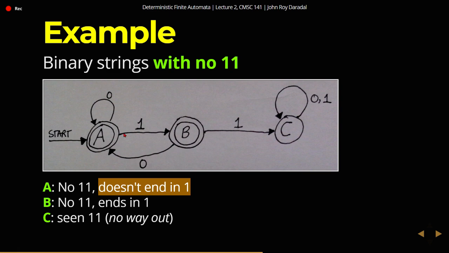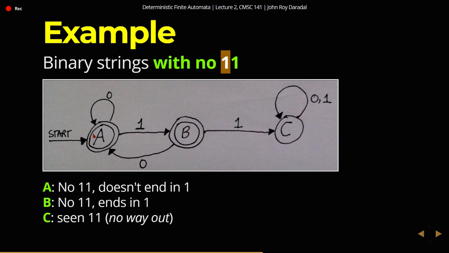But if you see a 1, you go to state B, because that could start triggering seeing 1, 1, right? That would be the start of seeing 1, 1. But it's still an accepting state because you've only seen one 1 so far. Okay? So it's still accepted because it's only a single 1 for now.